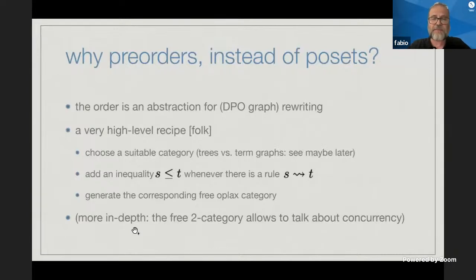I won't talk about that, but instead of having a preorder, you could also have a 2-category, and then thanks to the whiskering or the interchange law of 2-categories, you are able to talk about concurrent rewrites. I won't discuss this at all, just to give the idea.